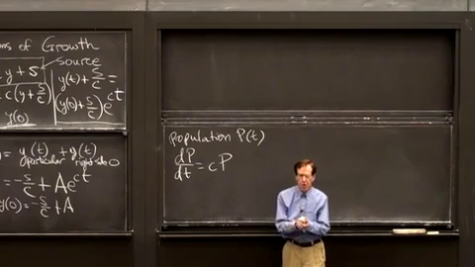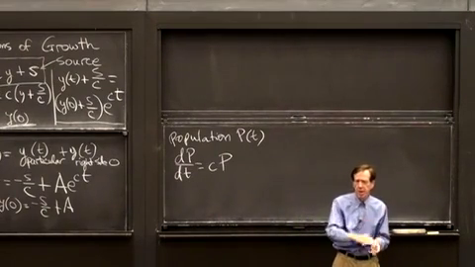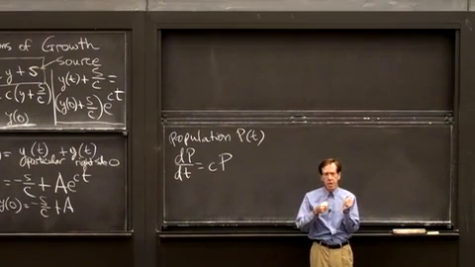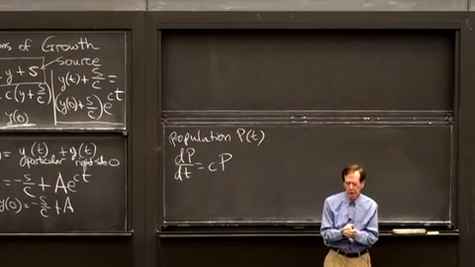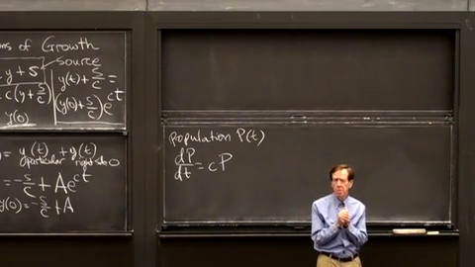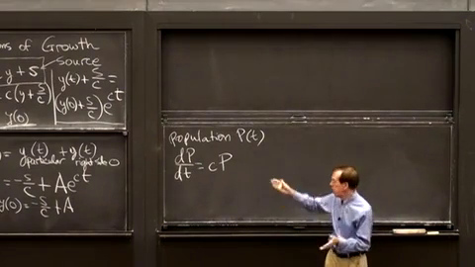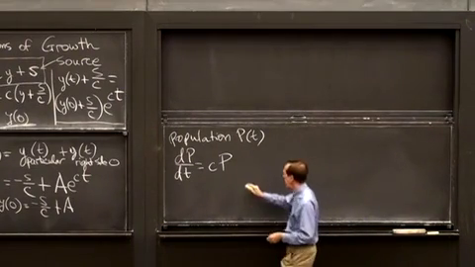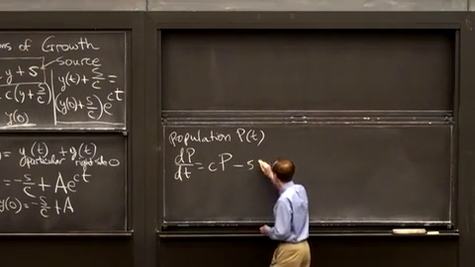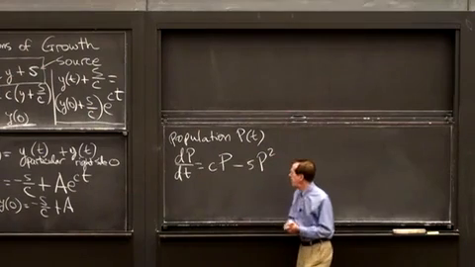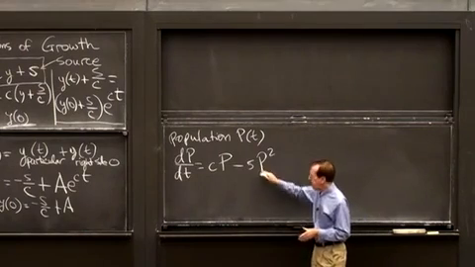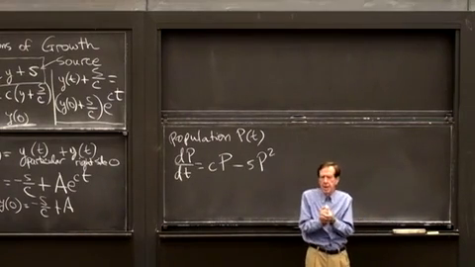There's going to be another term because that's not realistic for the population just to keep growing. As the Earth fills up, there's some maybe competition term, some slowdown term, so it's going to have a minus sign, and maybe S for a slowdown factor, and I'm going to take P squared. That reflects sort of population interacting with population.